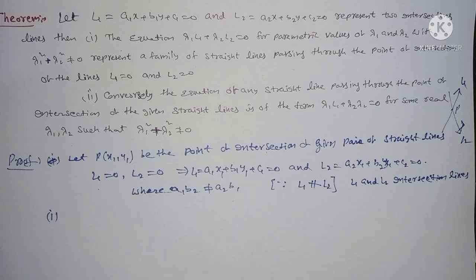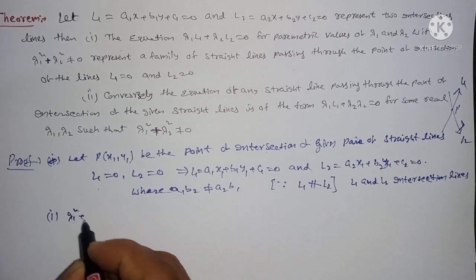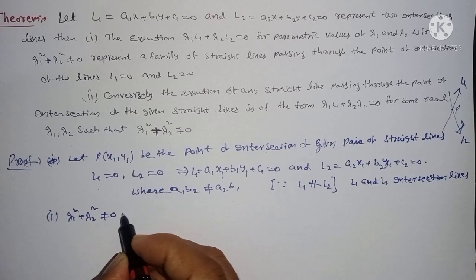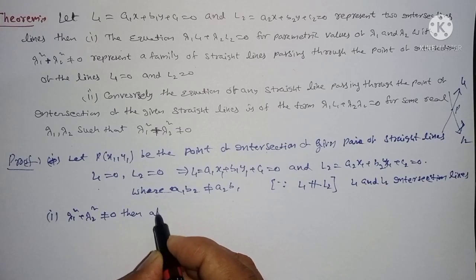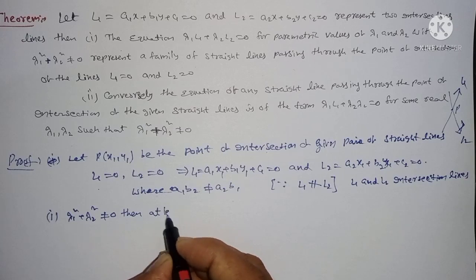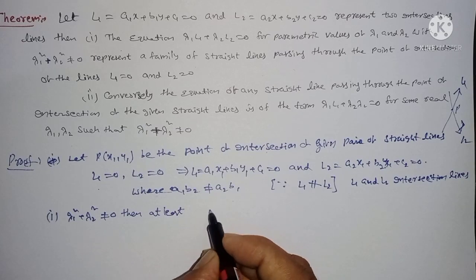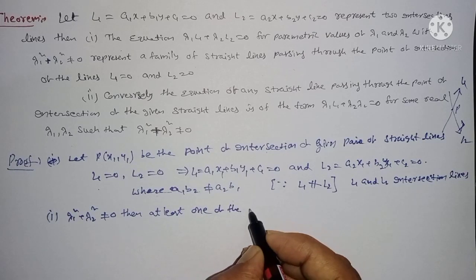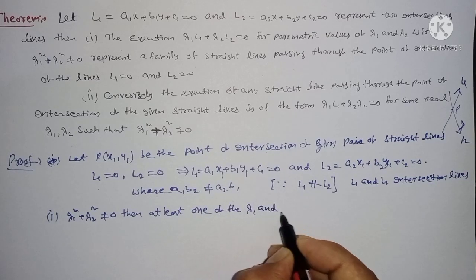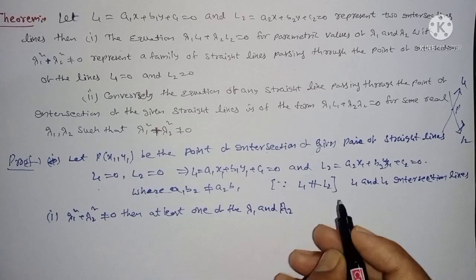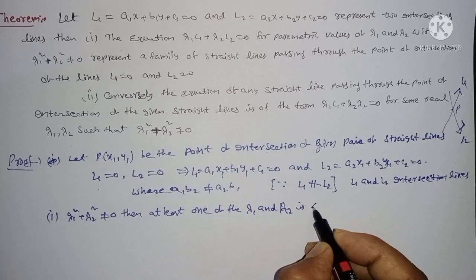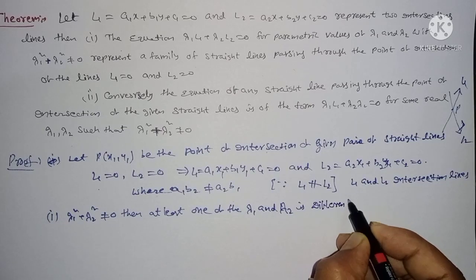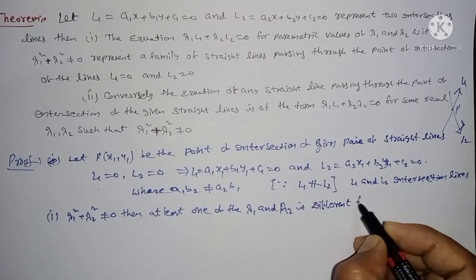Next, λ1² + λ2² is not equal to 0. Then at least one of λ1 and λ2 is different from 0.